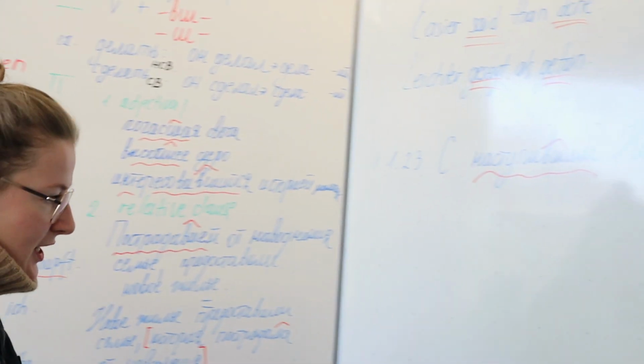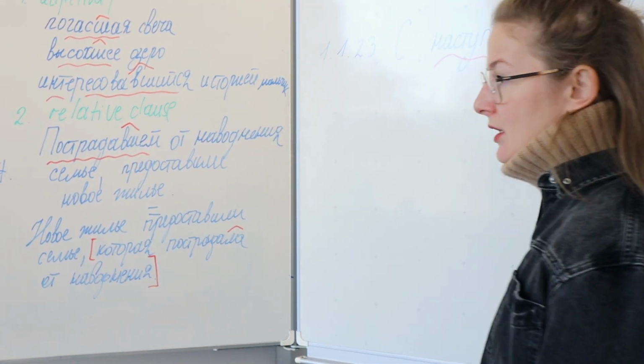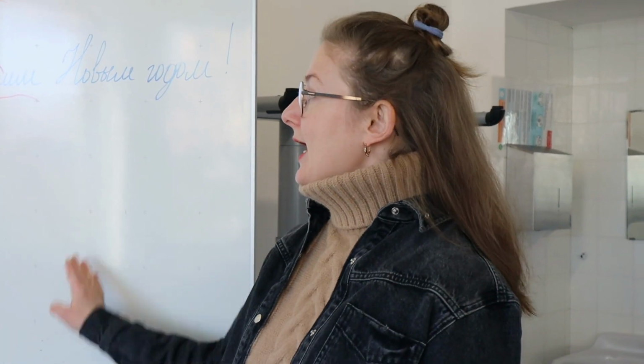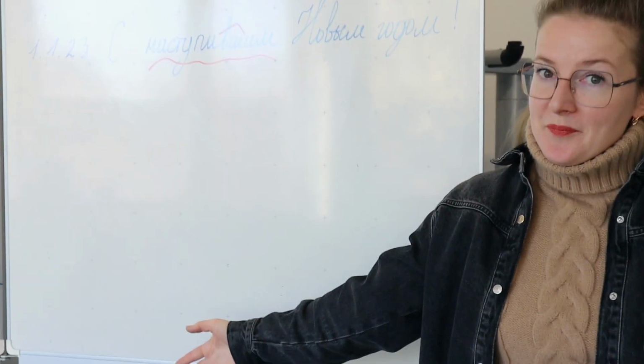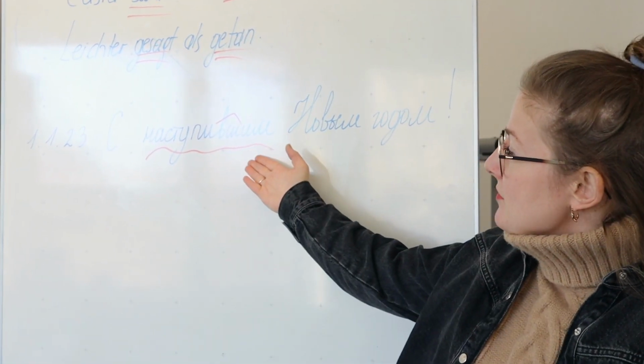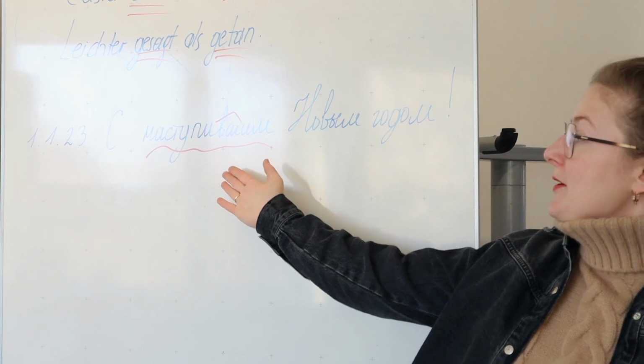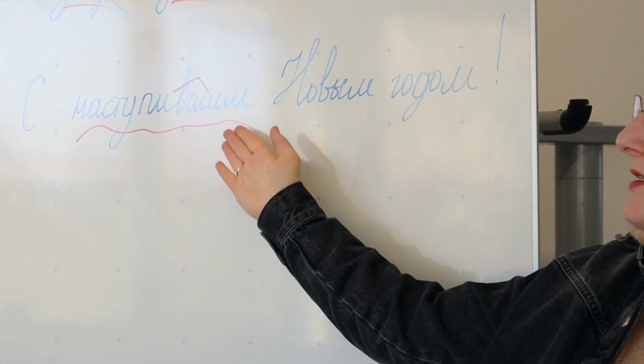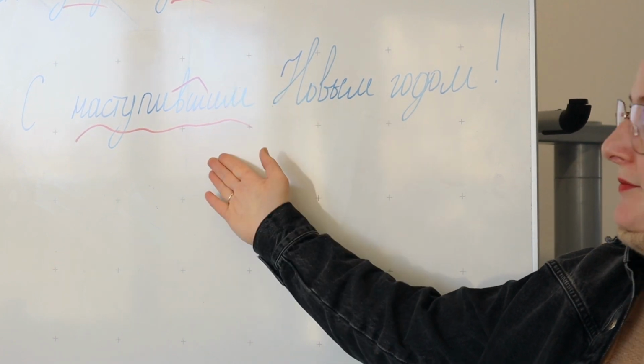Okay, and as a brief intro, I would like you guys to imagine that it's January the 1st, 2023, and I say to you, с наступившим Новым годом, okay? And so, с наступившим is an example of active past participle in Russian.